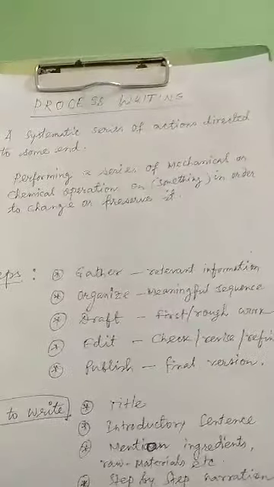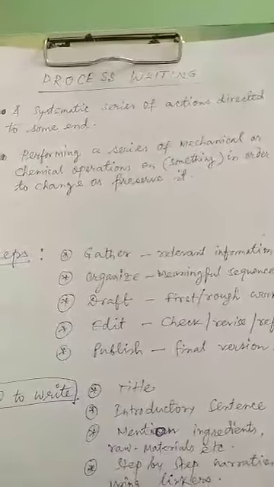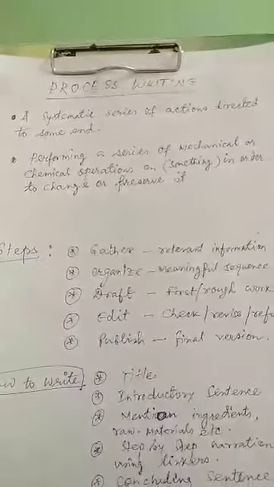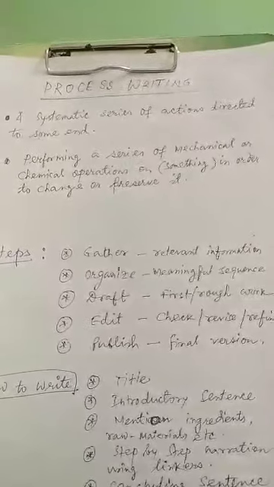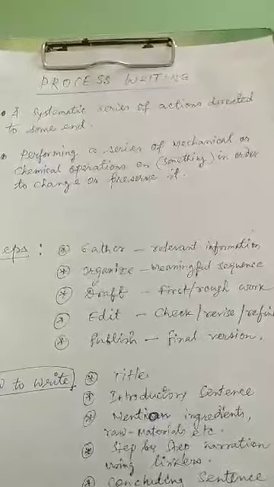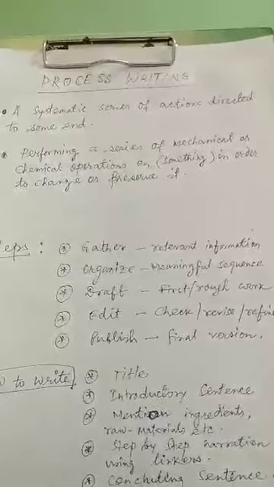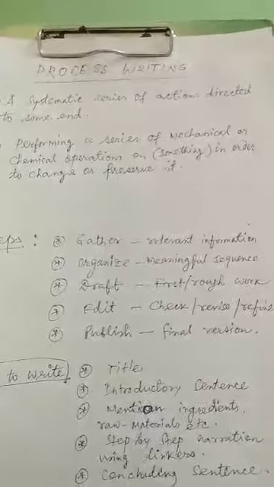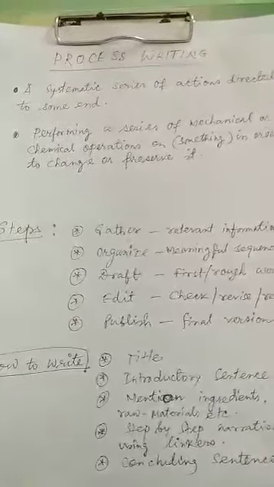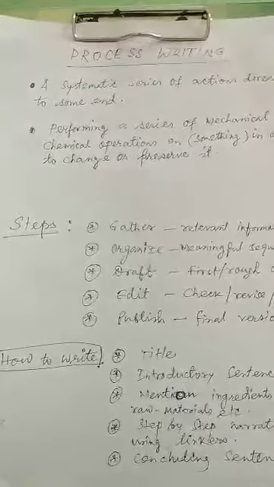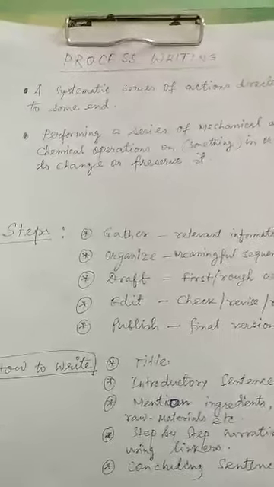is a systematic series of actions directed to some end, performing a series of mechanical or chemical operations on something in order to change or preserve it. To write a process, the steps are following.